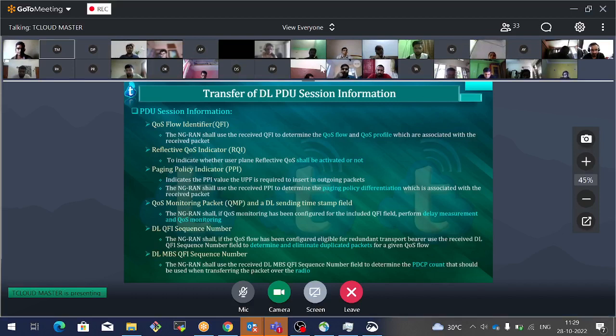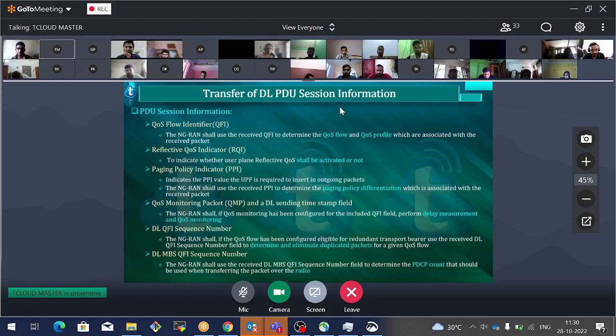Using multiple addresses, multiple paths, multiple transport connections, you are trying to achieve redundancy, or reliability here. If you miss on one path, the second path will get you the packet.